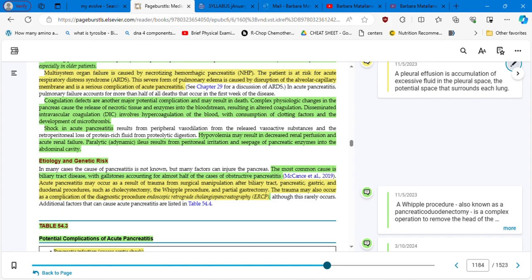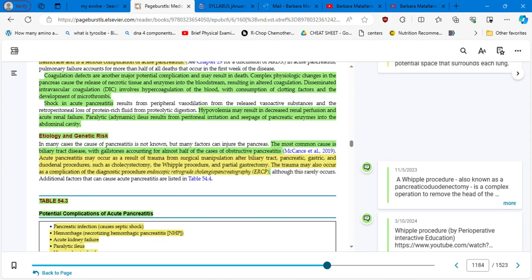Coagulation defects are another major potential complication and may result in death. So disseminated intravascular coagulation involves hypercoagulation of the blood with consumption of clotting factors and the development of microthrombi. So the liver is basically participating in here, right?